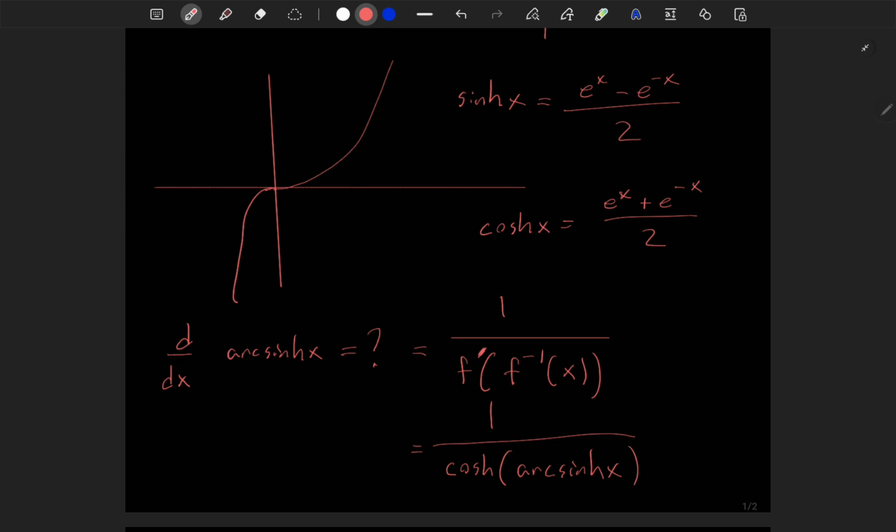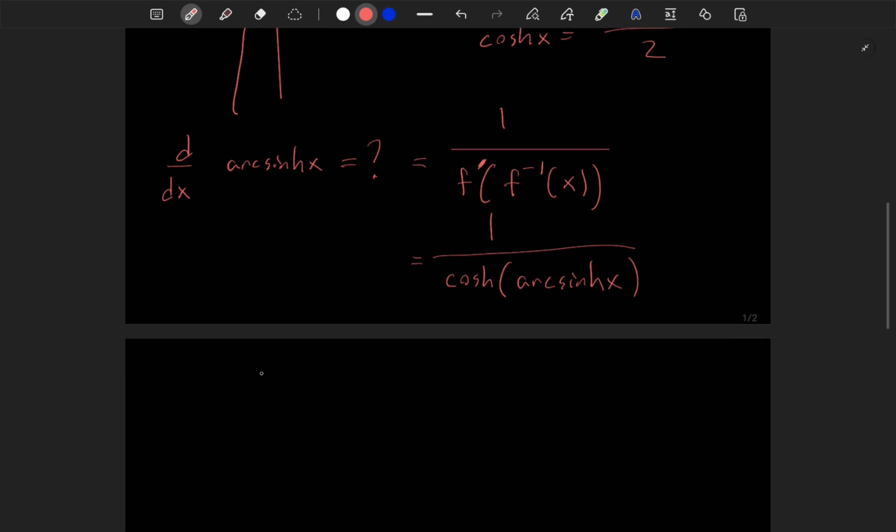And now you wonder, do I really have to go through all the logarithms of arc sinh x and do the exponentials and add them up and factor? No, you can reproduce exactly the same thing with the triangles. That is because of the hyperbolic Pythagorean identity: cosh squared minus sinh squared is 1.